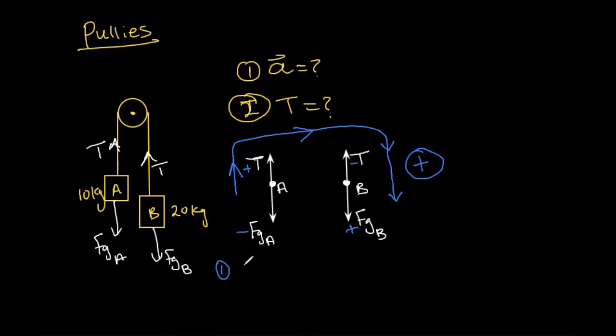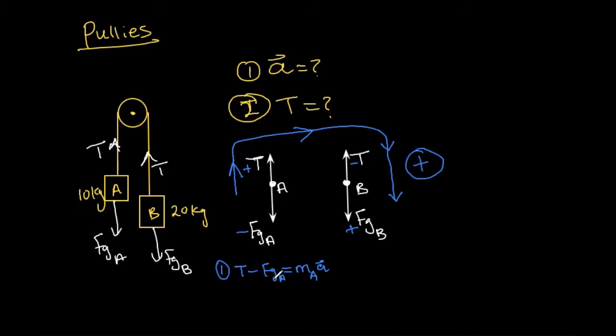For F net, it will be positive tension added with negative force of gravity for A, which equals mass A times, not the gravitational acceleration, but the acceleration of the system.